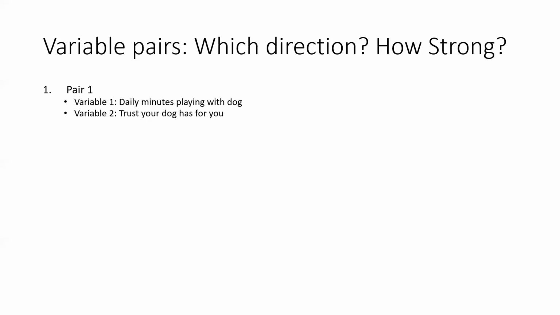We mean the direction of the variables. Is it that if one increases, the other one also increases? Or if one increases, the other one decreases? If they both increase together, then that's a positive relationship. Or if they both decrease together, that's a positive relationship because they're together. If they go in opposite directions, it's a negative relationship.